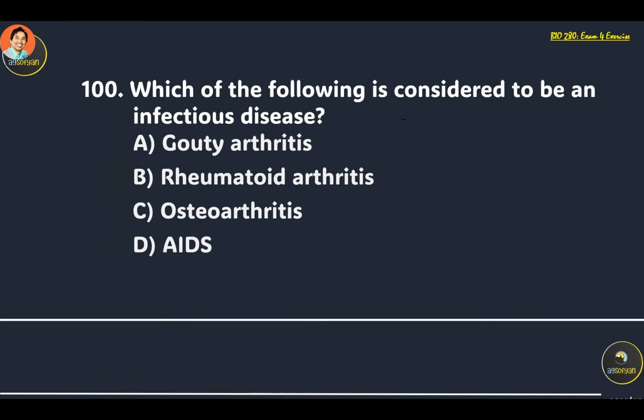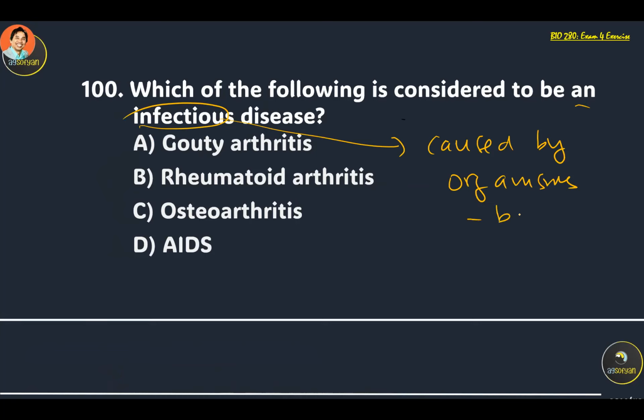Which of the following is considered to be an infectious disease? Infectious disease is caused by organisms, especially microorganisms like bacteria and viruses.